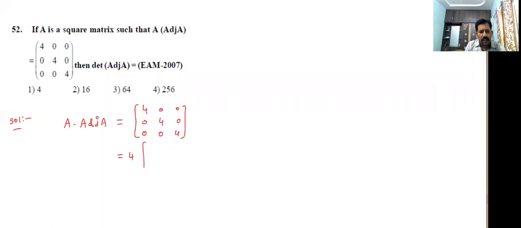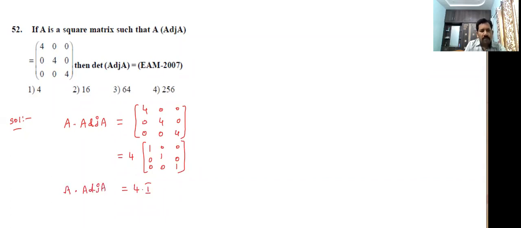Remaining we get 1 0 0, 0 1 0, 0 0 1. This is the identity matrix. So we can write 4 into I. This is the A into adjoint A value.